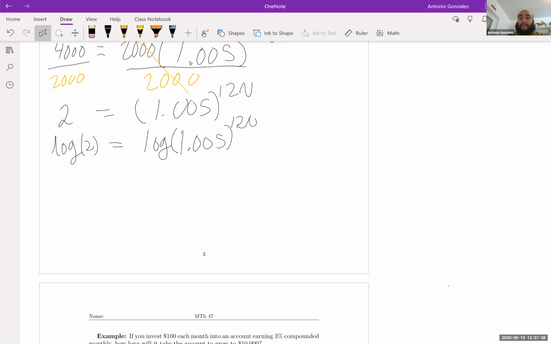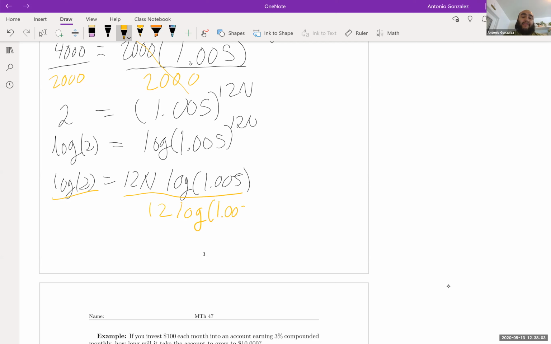And now I'll use that property of logarithms where I can write the exponent as a coefficient. And this last step, to solve for n, I'll divide both sides by 12 log 1.005.